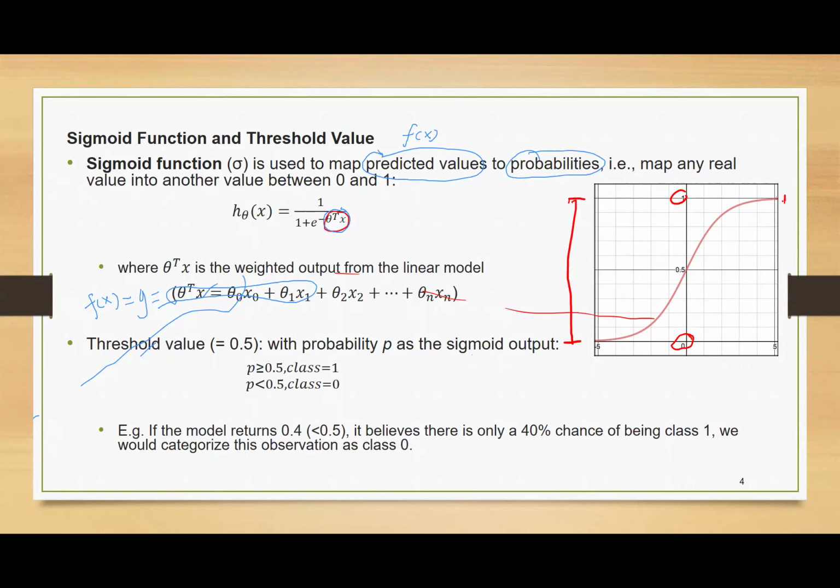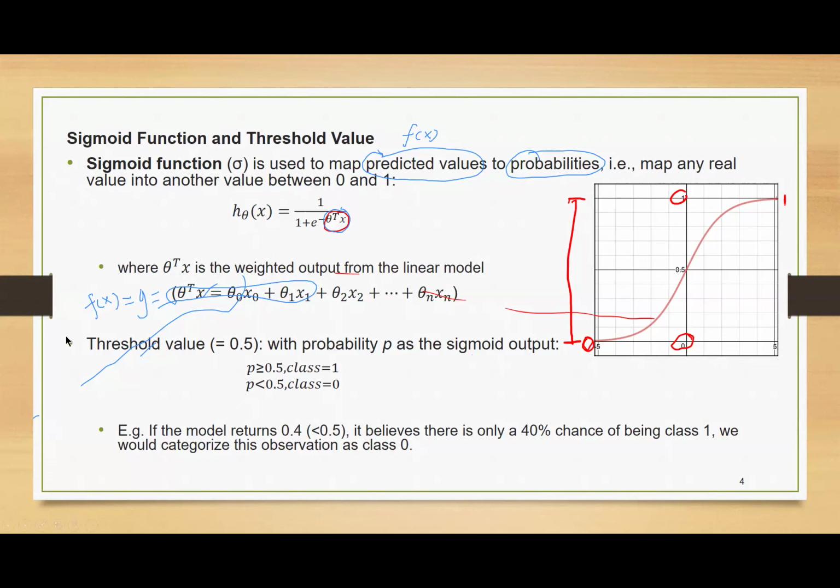So it has a very high probability of being class 1. And if the value is very small, then the probability will be close to 0. So this is how it maps the input to another nonlinear relationship.